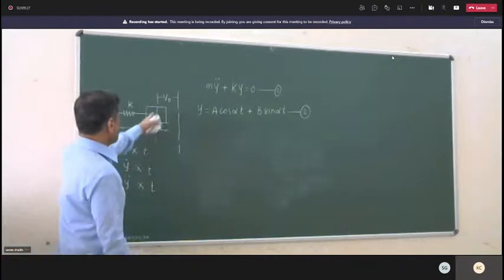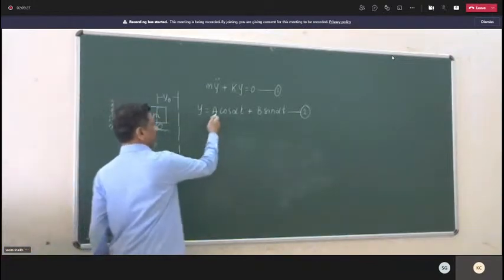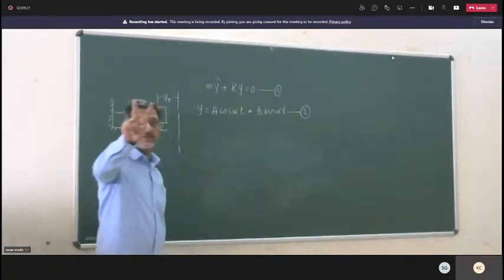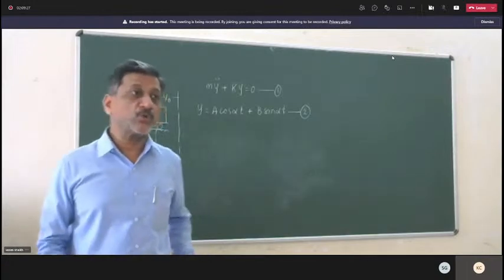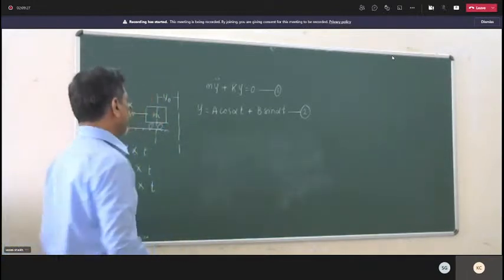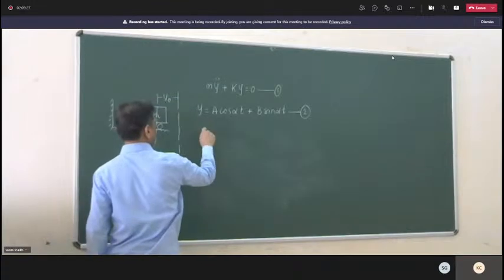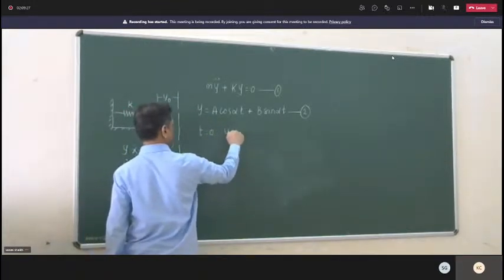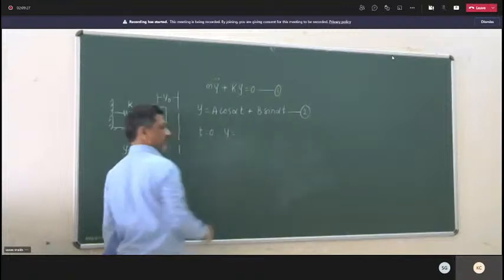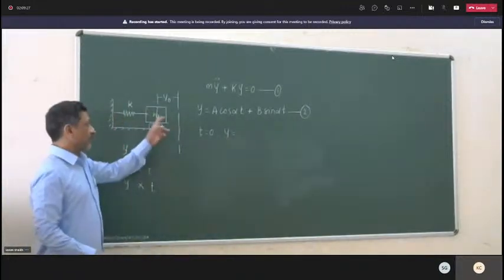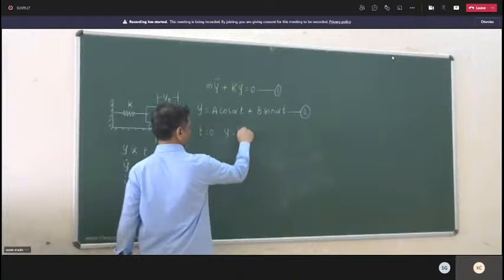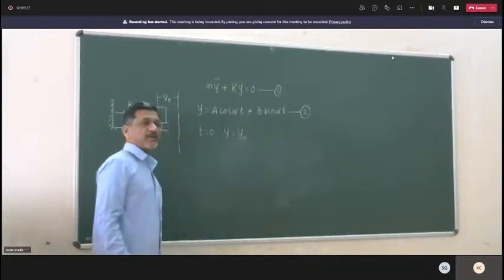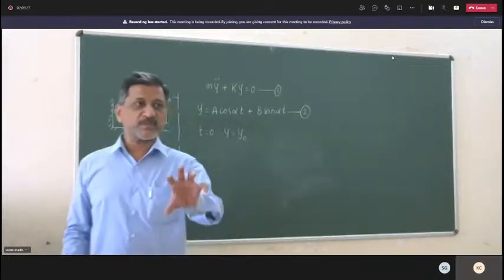Now what are the initial conditions? There are two constants, so I should have two initial conditions to find out these constants. So first initial condition is at t is equal to 0, y is y0. Maybe 1 centimeter, 2 centimeter, whatever initial displacement you are giving.